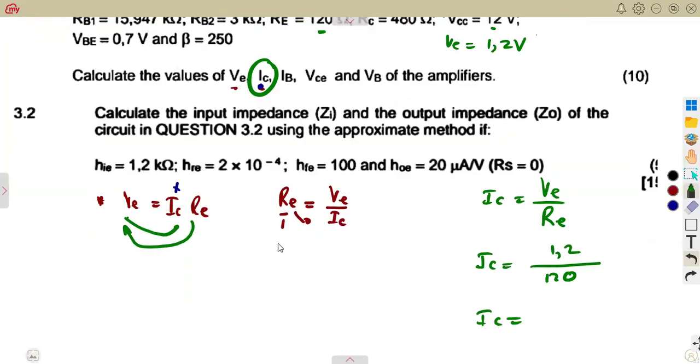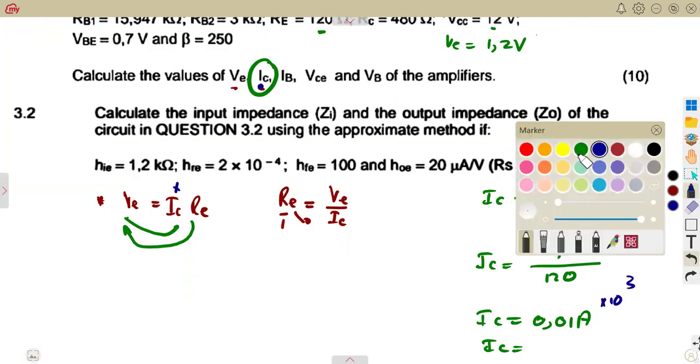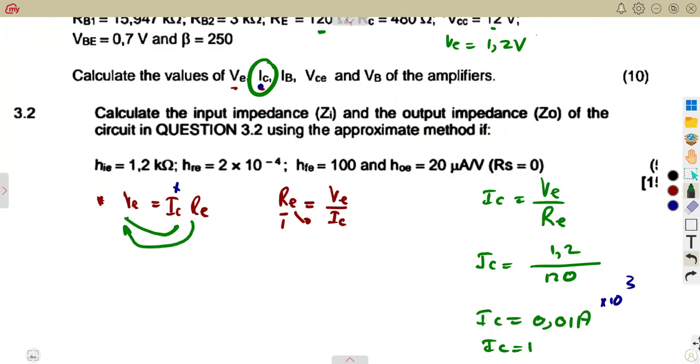That gives us the value of IC, which is 0,01 amperes, or we can multiply by 1,000, or 10 to the exponent of 3, to convert to milliamps. That gives us 10 milliamps. So we have got the value of IC as 10 milliamps.